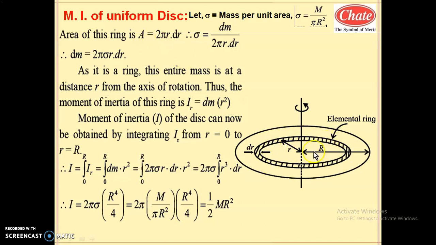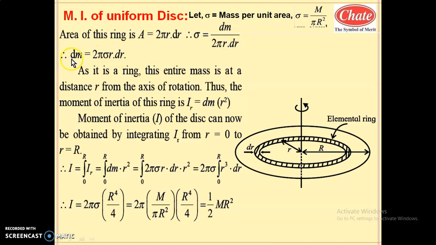The total length of the ring will be 2 pi r and thickness is dr. So the area of the ring is length into breadth, so 2 pi r into thickness dr. Hence the surface density for this element will be its mass dm upon its area, that is 2 pi r into dr. Hence we get dm equal to 2 pi r dr into sigma, that is written as 2 pi sigma r into dr.